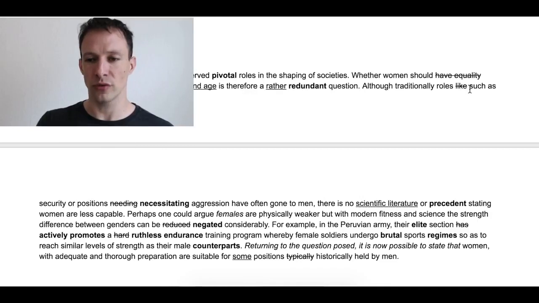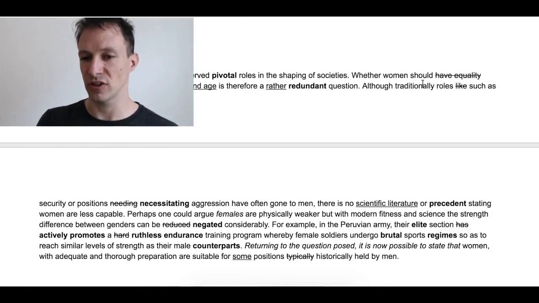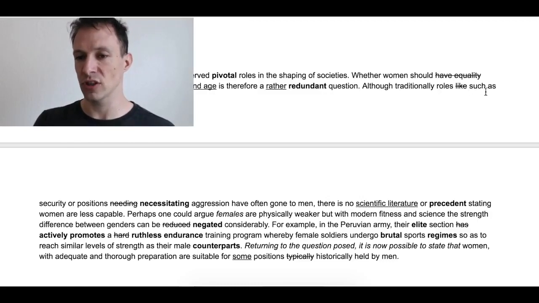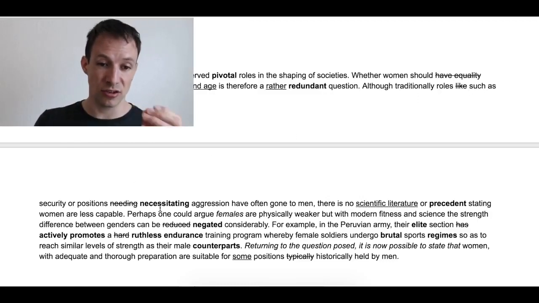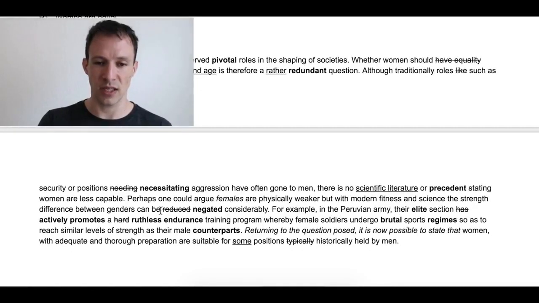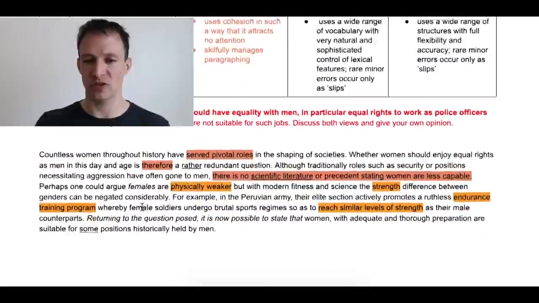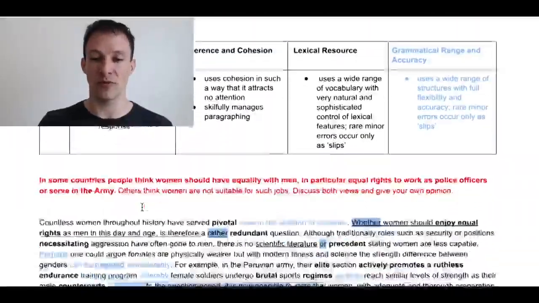Although traditionally roles such as security or positions necessitating aggression have often gone to men. There's no scientific literature. So yeah, it's just looking for opportunities to improve your structures there and introduce more variety.